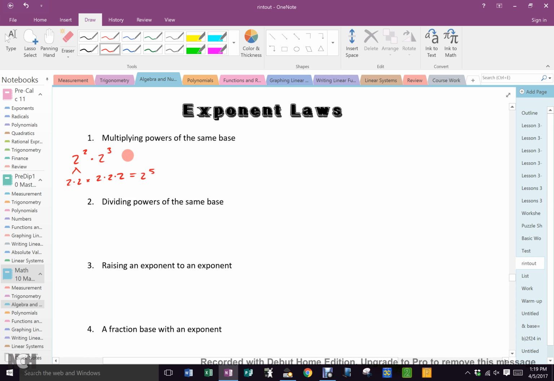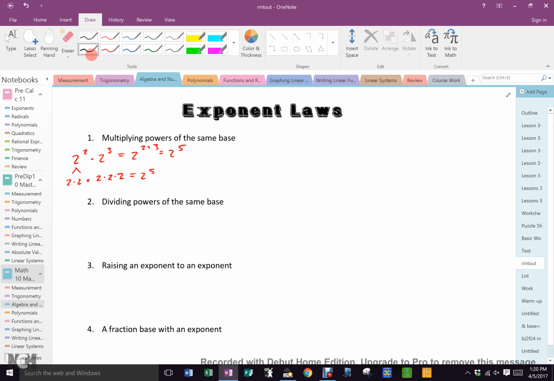Now you learn the shortcut, which is 2 to the 2 plus 3, which is 2 to the 5. This is why it works. If you know why something works, if I pile 5 of these laws into one question, you can't screw it up if you know why it works.